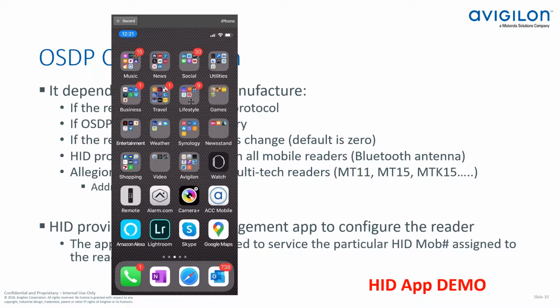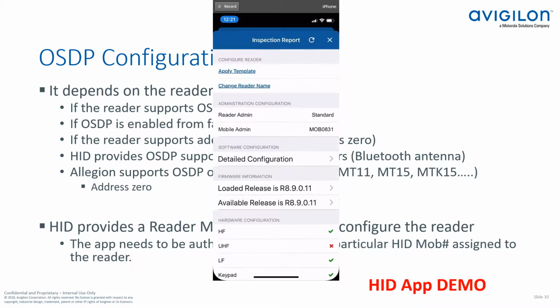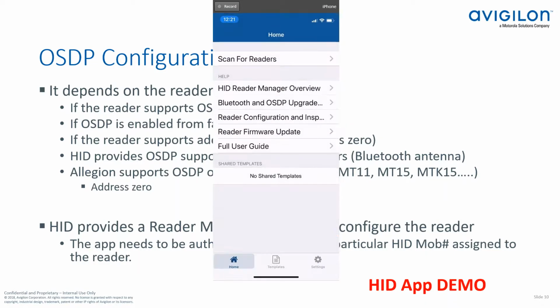I'm going to grab my application here. There's a little bit of delay between the application and my screen, so what you're looking at is my phone. I'm just projecting the screen of my phone on screen here, okay?